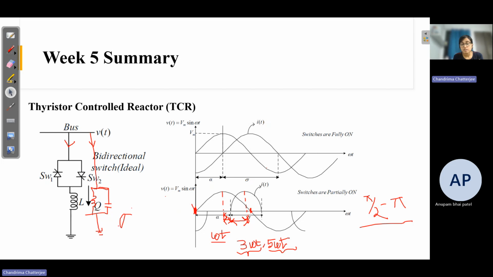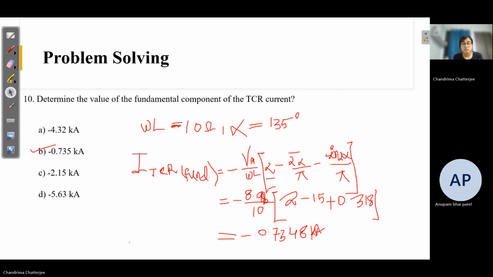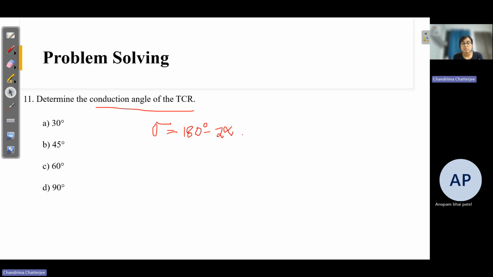Sigma will be pi minus 2 alpha. So the sigma value is pi minus 2 alpha.